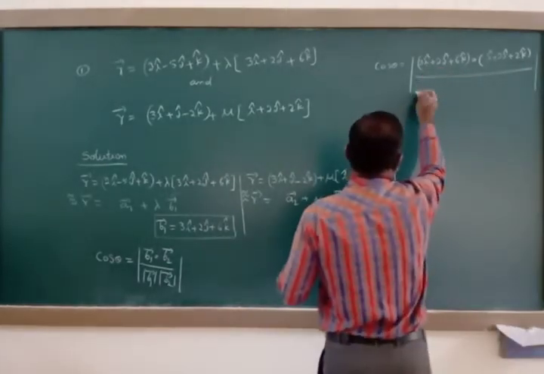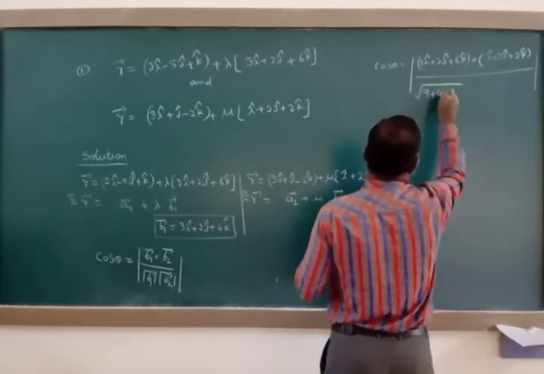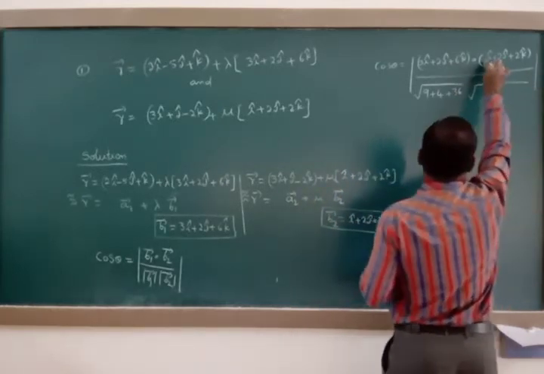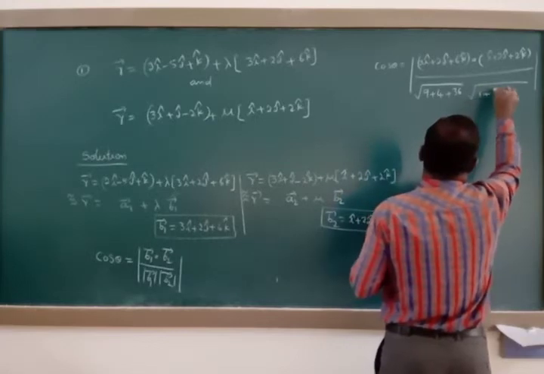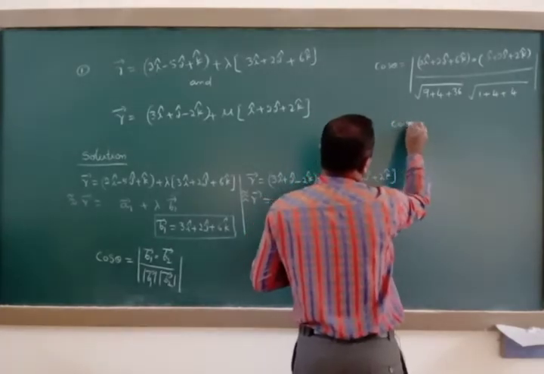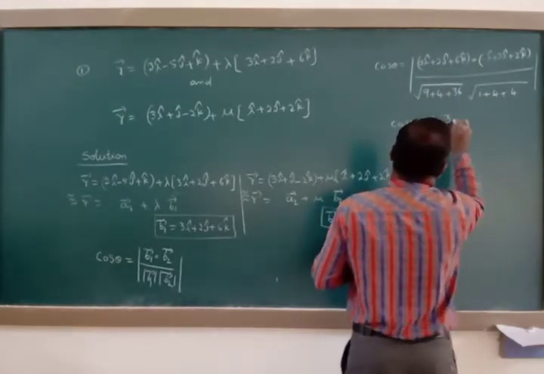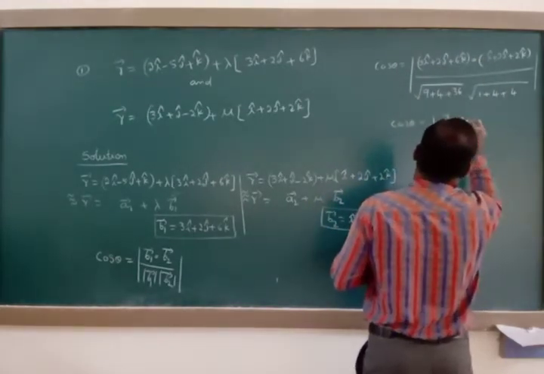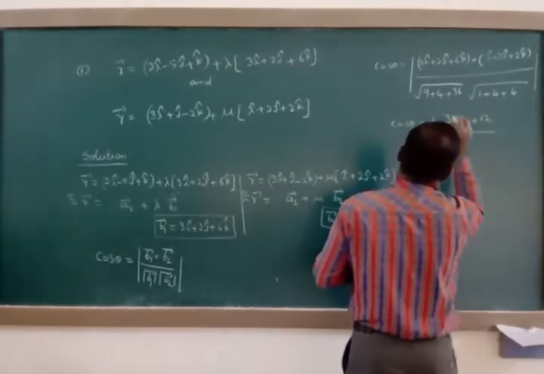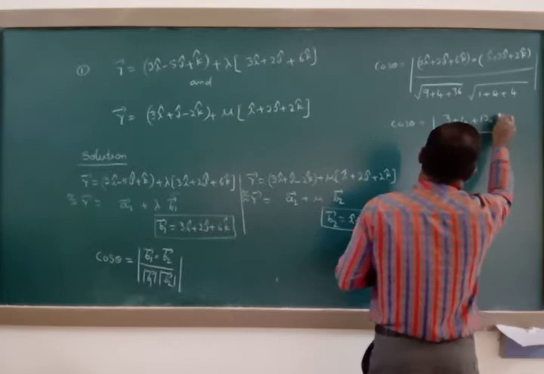The magnitude of b1 vector is square root of 3 squared 9 plus 2 squared 4 plus 6 squared 36, into square root of 1 squared 1 plus 2 squared 4 plus 2 squared 4. Taking the dot product for the numerator: 3 into 1 is 3, 2 into 2 is 4, plus 6 into 2 is 12, whole divided by square root of 49, which is 7, and square root of 9, which is 3.